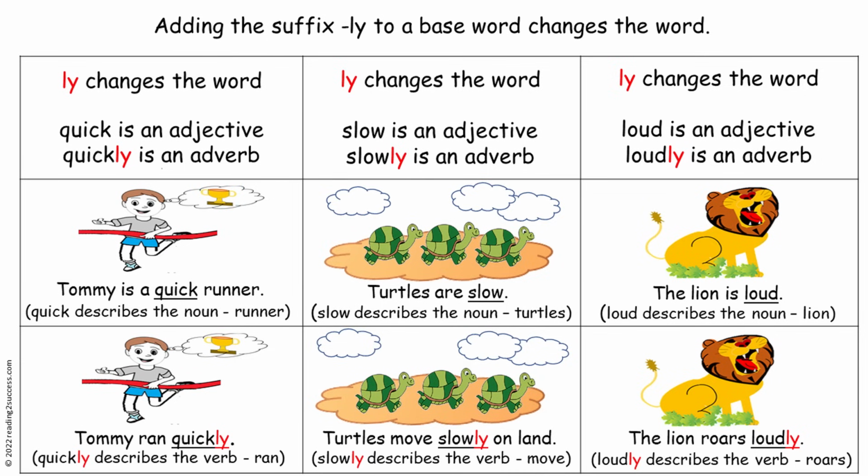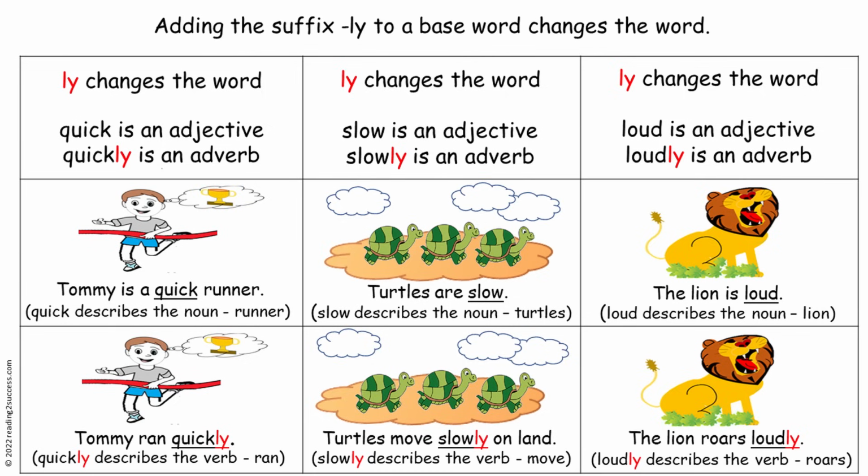The suffix ly changes the word from an adjective that describes a noun to an adverb that describes a verb. In our first example, quick is an adjective and it describes the noun runner, and quickly is an adverb that describes the verb ran.